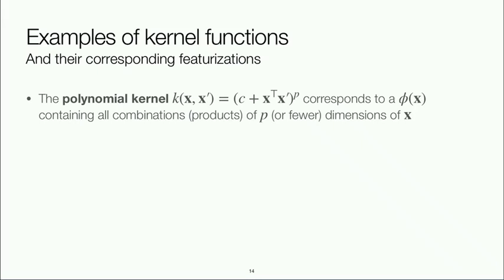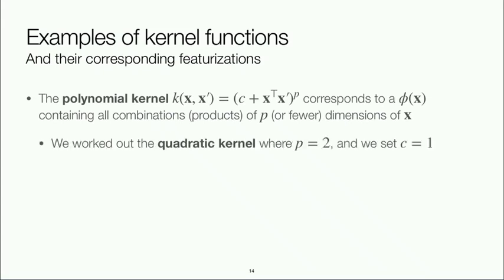What that corresponds to is a featurization phi of x that contains all combinations of p or fewer dimensions of x. So, like x1 to the p, x1 to the p minus 1 times x2, x1, x2, x3, all the way up to xp, all of these p-dimensional combinations of different feature dimensions.